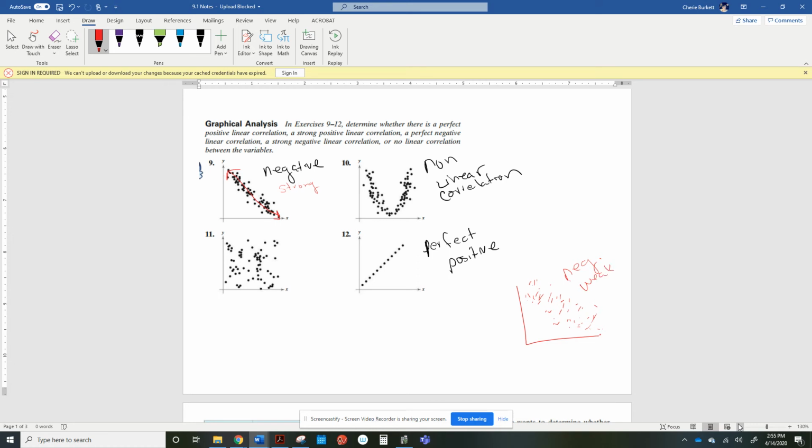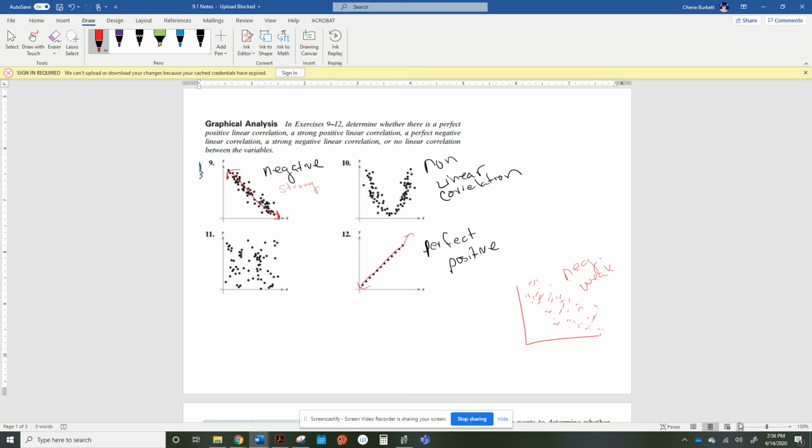So if you imagine the line that goes through the middle of them, like this one right here, imagine that line passes through every single one of those points. That's why it's perfect. This line right here did not pass through every single one of the points. It passed through some of them, and you had some points above the line and some points below the line, but none of the points seemed to be really, really far away from the line.